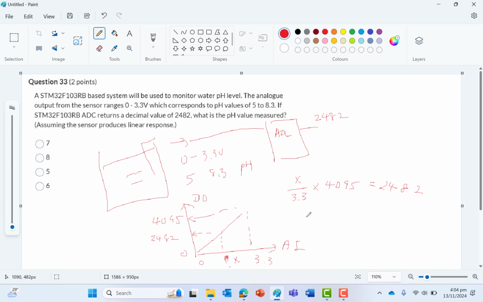Let me remind you again: this one over this one, multiplied by 4095, will give you 2482. You just manipulate the formula this way: 2482 divided by 4095 times 3.3. This is a partial answer now.